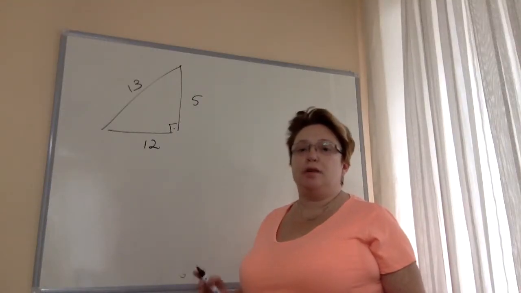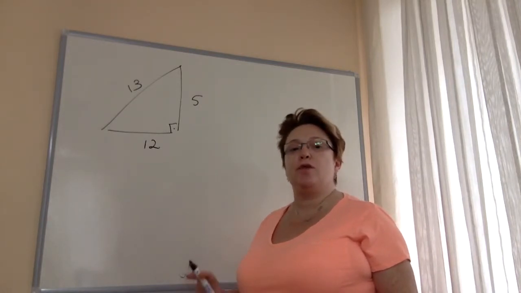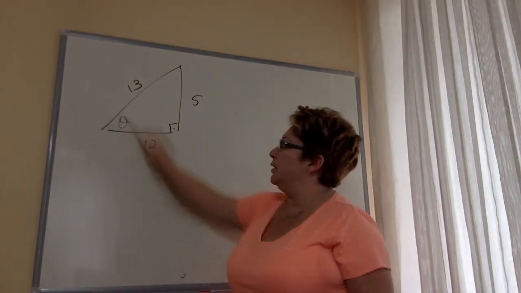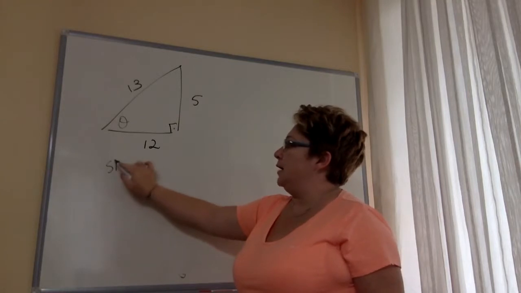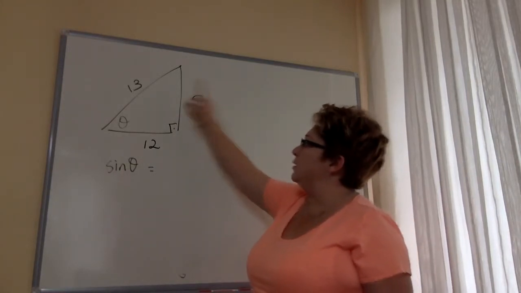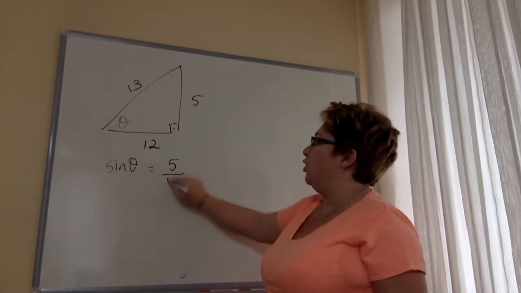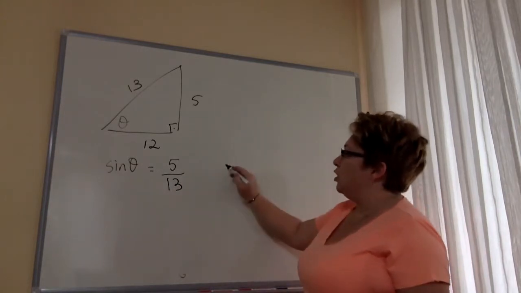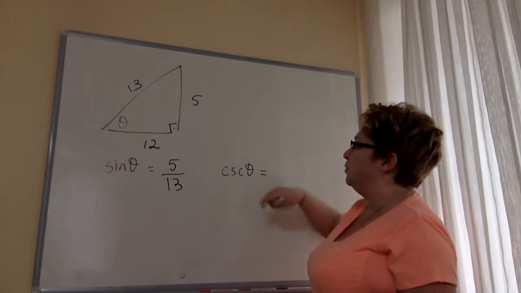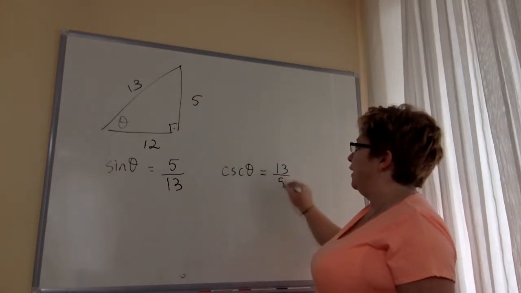Let's recall the 6 trigonometric ratios or 6 trigonometric functions we've already seen. Let's look at our angle theta. Sine theta was defined as opposite over hypotenuse. So for this triangle, it would be 5/13. Cosecant was the reciprocal of sine, so cosecant theta would be this fraction flipped, so it'd be 13/5.